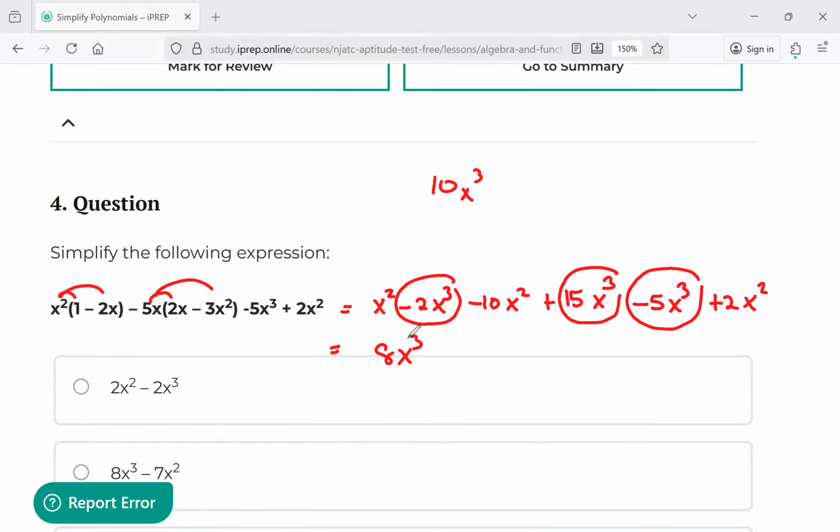What about my x squares? I have a negative 10x squared, a 1x squared, and a positive 2x squared. Put it all together: 1 and negative 10 is negative 9, plus 2, that's negative 7x squared. That's it. So it looks like the second choice.